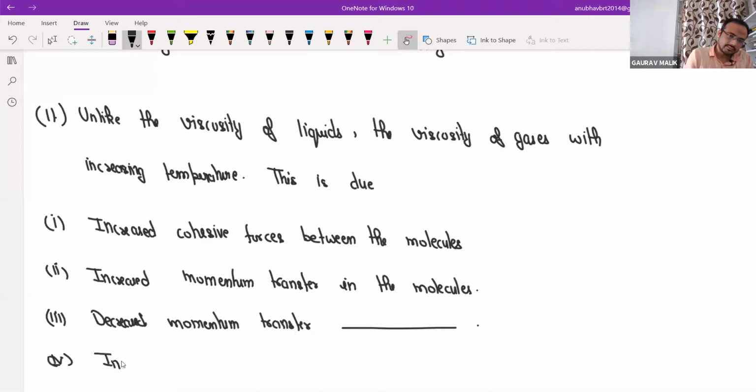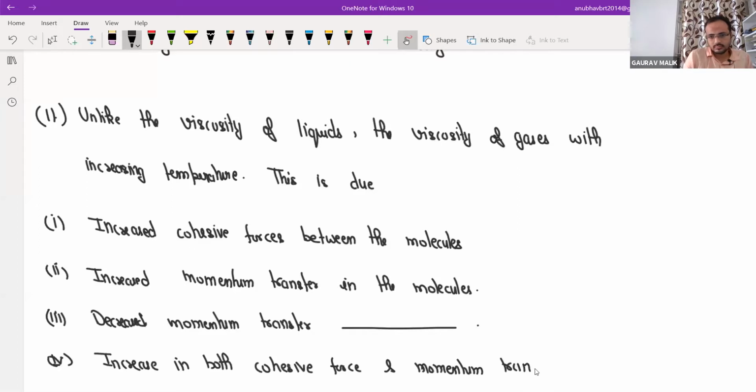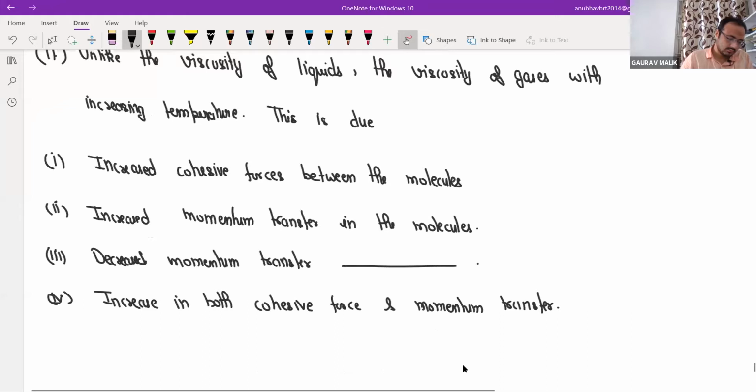And last one, increase in both cohesive forces and momentum transfer. So which is the right one?